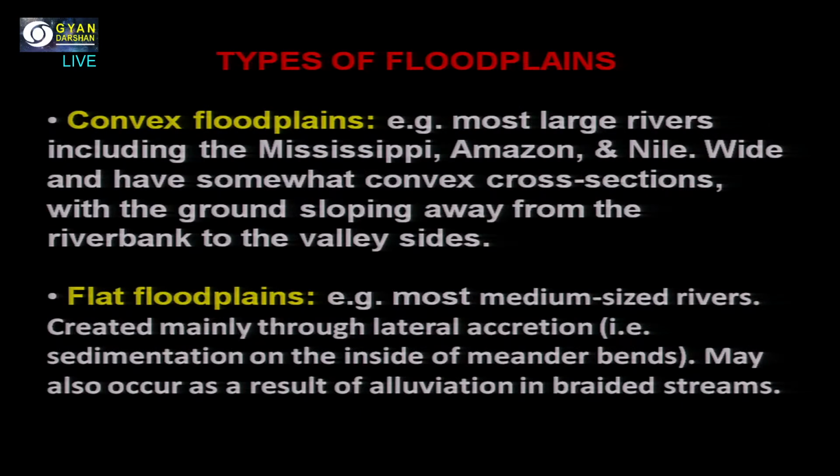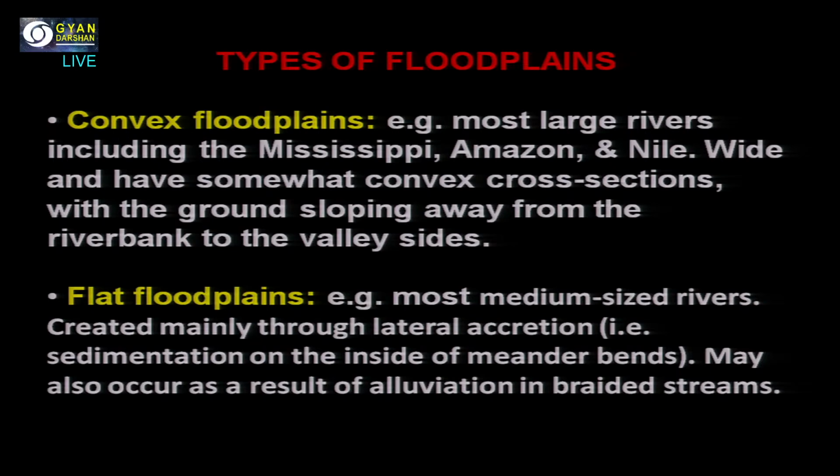Thank you. As you discussed the formation of floodplains, now we'll discuss the types of floodplains. Basically, there are two types of floodplains, which are convex and flat. The convex kind is shown by most of the large rivers like the Mississippi, Amazon, and Nile.